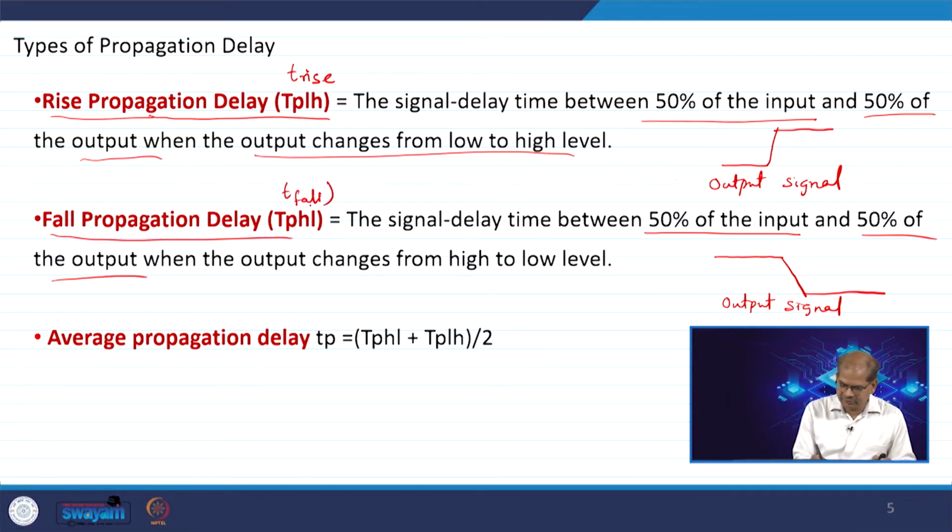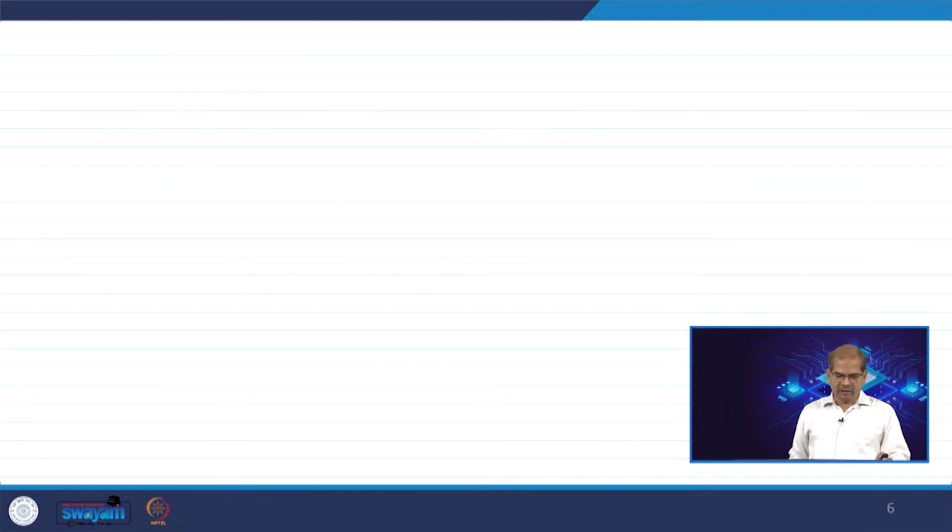So I will use either TPLH or T rise and TPHL or T fall. I will use these notations throughout the lecture. Now we will discuss this definition in detail.